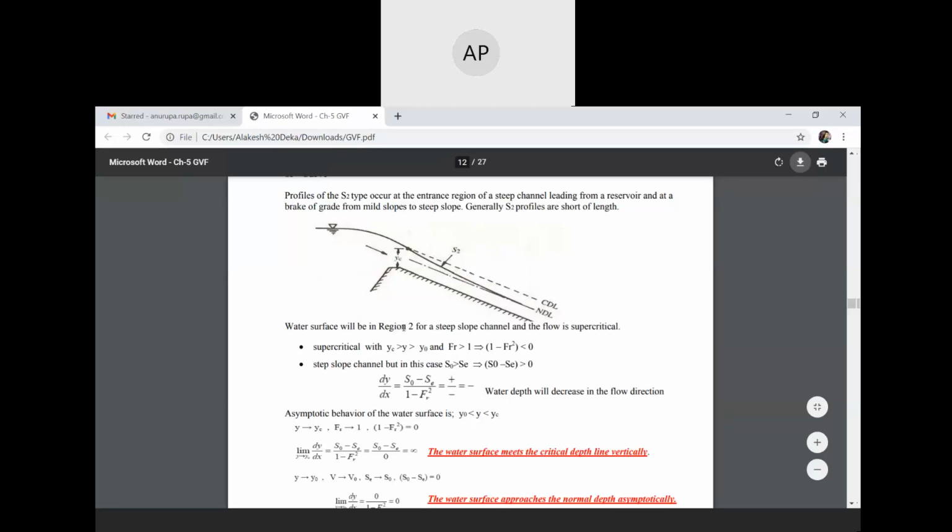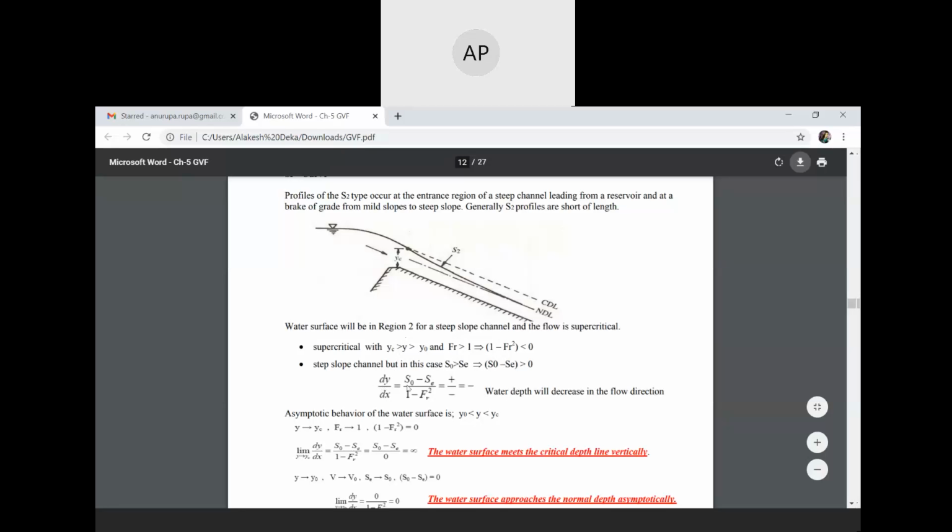Water surface will be in region 2 for a steep slope channel, and the flow is supercritical, with critical depth greater than normal depth. Depth of flow is greater than normal depth. Okay, and Froude number is greater than 1. This is the condition: dy by dx, this is the slope, isn't it?